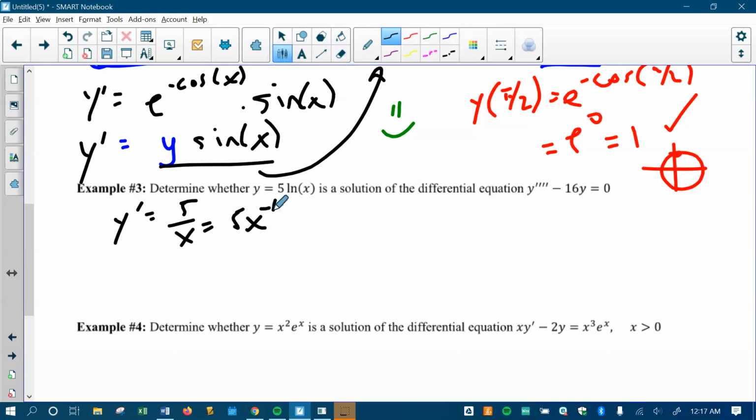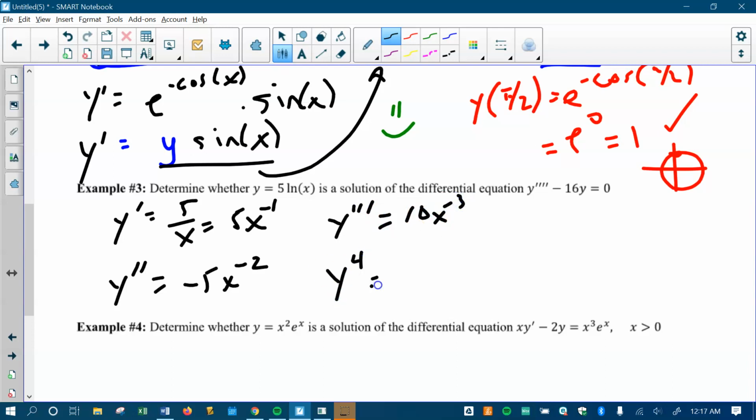Y double prime equals negative 5x to the negative 2. Y triple prime equals 10x to the negative 3. And y fourth, which is easier than writing all the tick marks, is negative 30x to the negative 4.